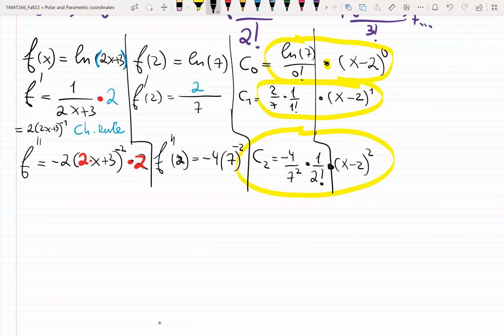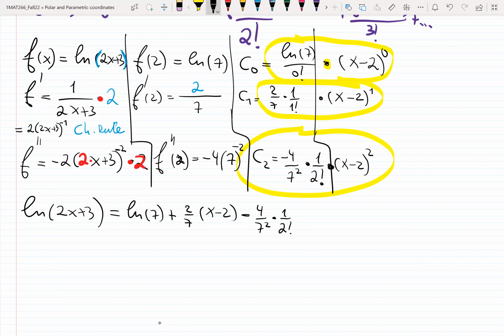The answer: ln of 2x plus 3 has a Taylor series at center 2, and it is ln 7 times (x minus 2) to the 0 over 0 factorial, plus 2 over 7 times (x minus 2) over 1 factorial, plus, actually minus 4 over 7 squared times 1 over 2 factorial times (x minus 2) squared, plus, and keep going.